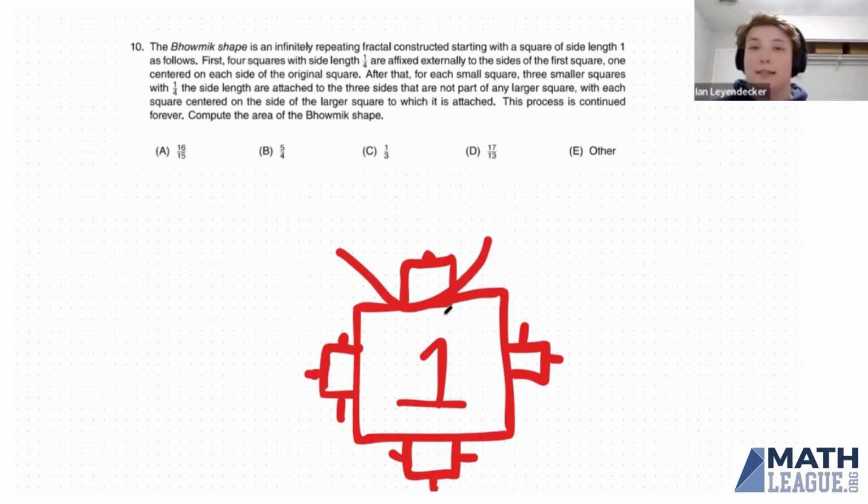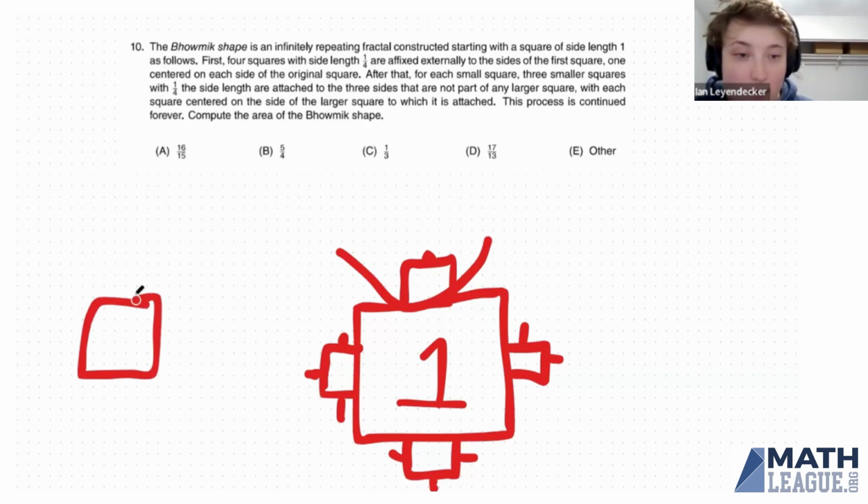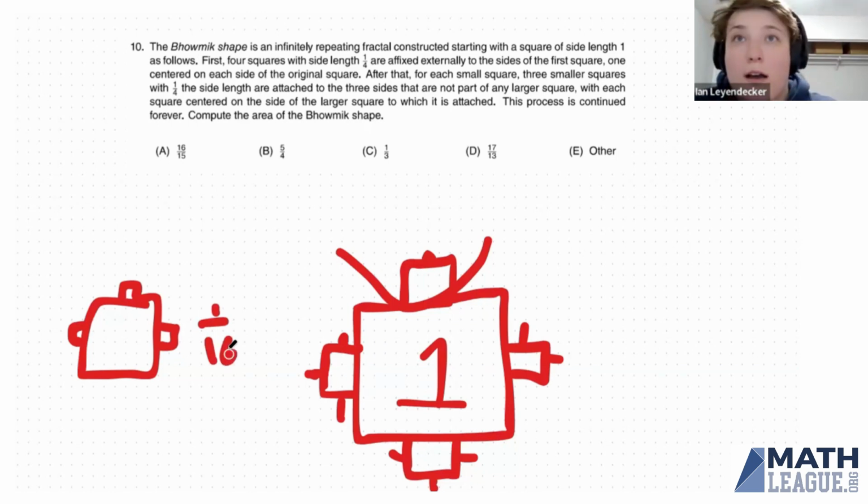And then we have 4 identical infinitely extending arms, essentially. These arms start with a square of side length 1/4, and then they have 3 squares with side length 1/16. And then 3 squared squares, 9 squares of side length 1/16 times 1/4, or 1/64, and so on and so forth.